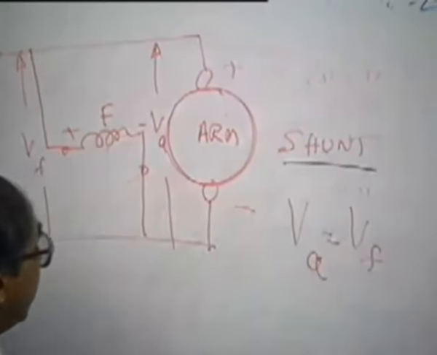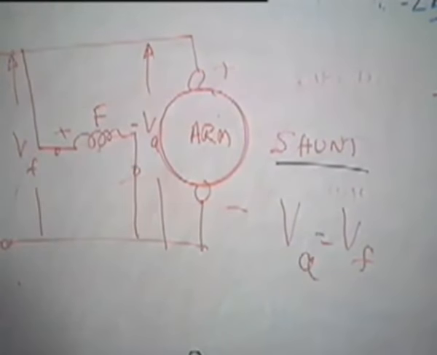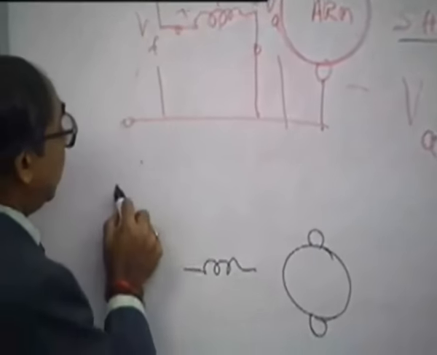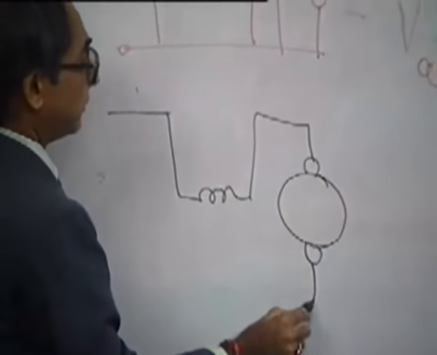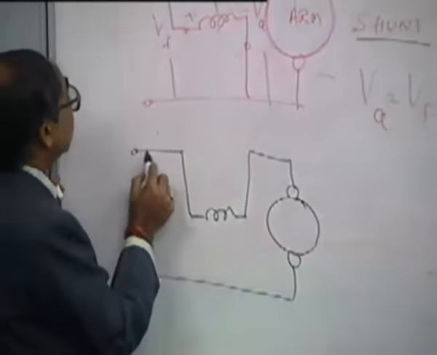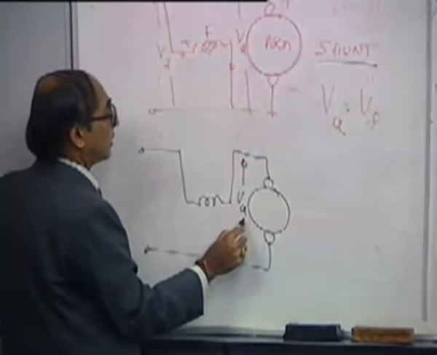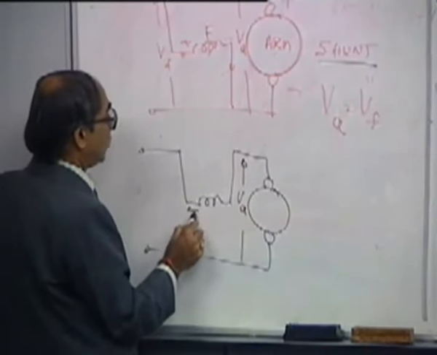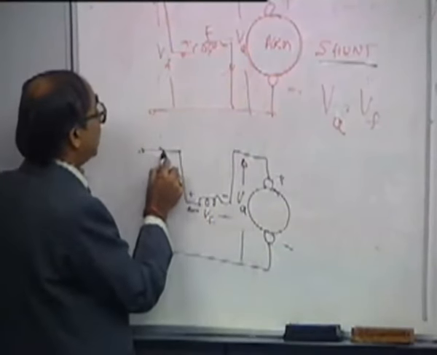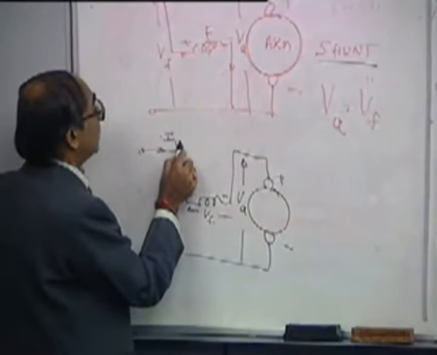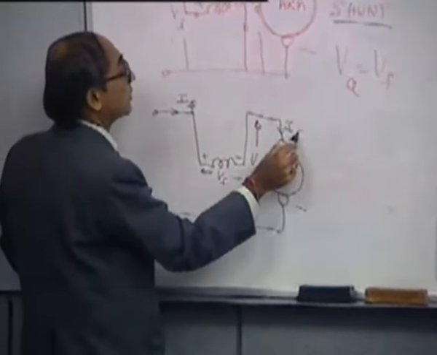Now if you take the series, same armature and the same field, but here they are connected in series. Supposing this is the voltage across the armature and this is the voltage across the field, and this is the current across the field and current across the armature.